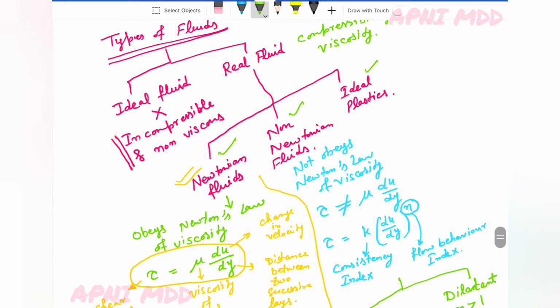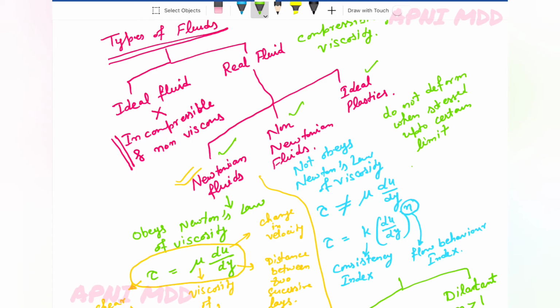Now, the third type of real fluid we have is the ideal plastics. The ideal plastics are those fluids which do not deform when stressed up to a certain limit.